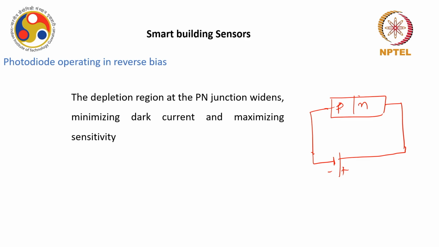This is how you make your diode in a reverse bias condition. So what will happen in this reverse bias condition is this depletion area will widen.